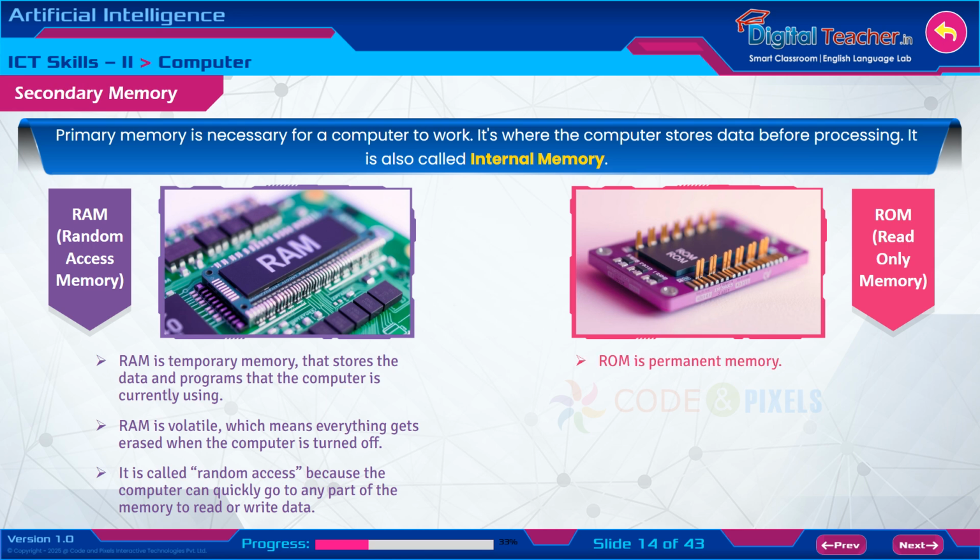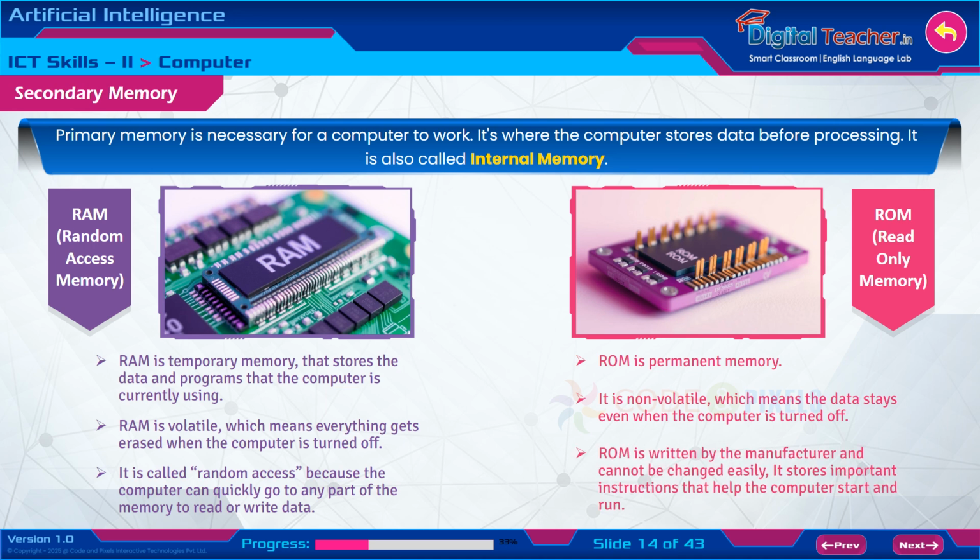ROM is permanent memory. It is non-volatile, which means the data stays even when the computer is turned off. ROM is written by the manufacturer and cannot be changed easily. It stores important instructions that help the computer start and run.